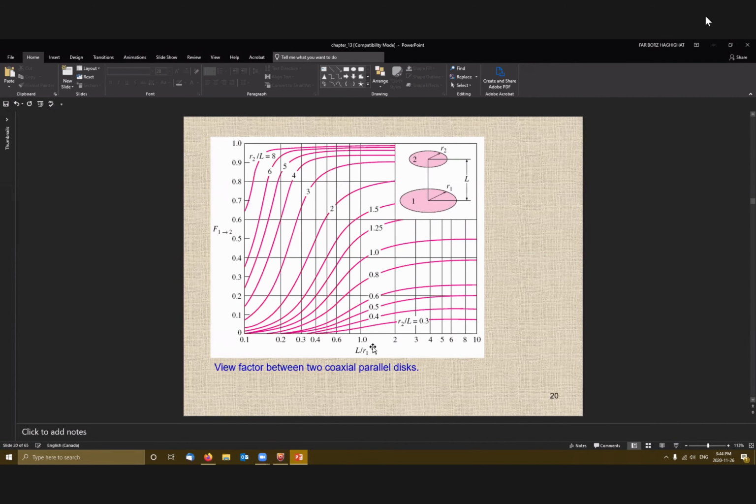Yes, it says to use R2 over L. The lines are R2 over L, not L over R2. The lines, not the x-axis. If you follow the lowest pink line, it says R2 over L is equal to 0.3, whereas we calculated L over R2, which I believe was incorrect.